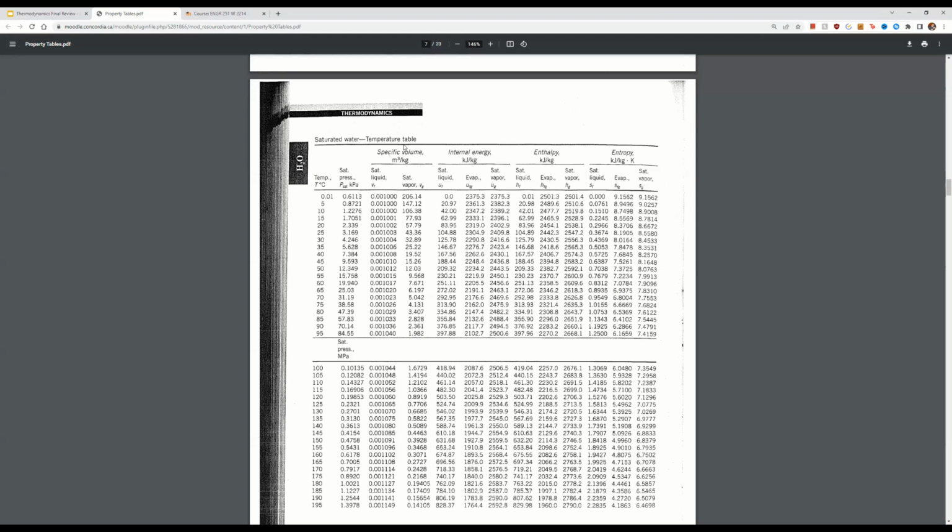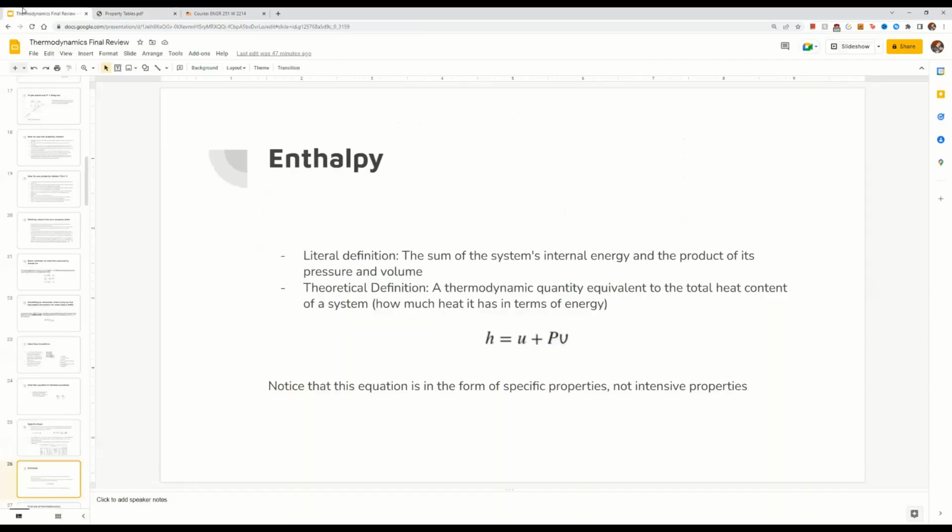If you take specific volume, for example, then it's lowercase v. If you were to take volume, then it's going to be, as you all are familiar with, the uppercase V. It's the same for internal energy. Lowercase u is the specific internal energy, and uppercase U is the total internal energy. The same thing applies for the rest.